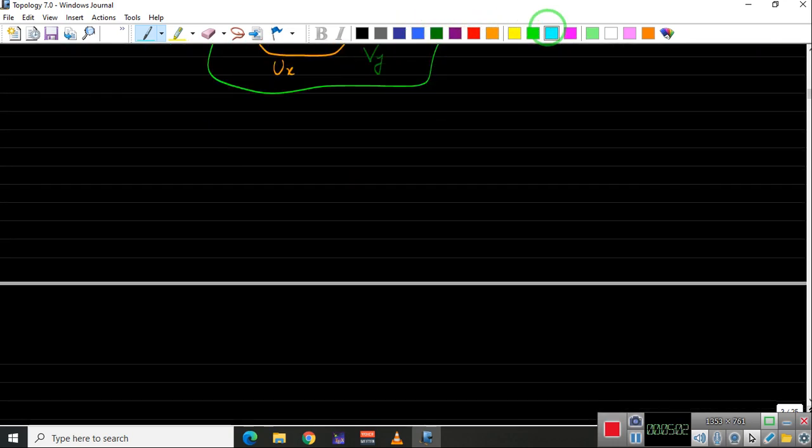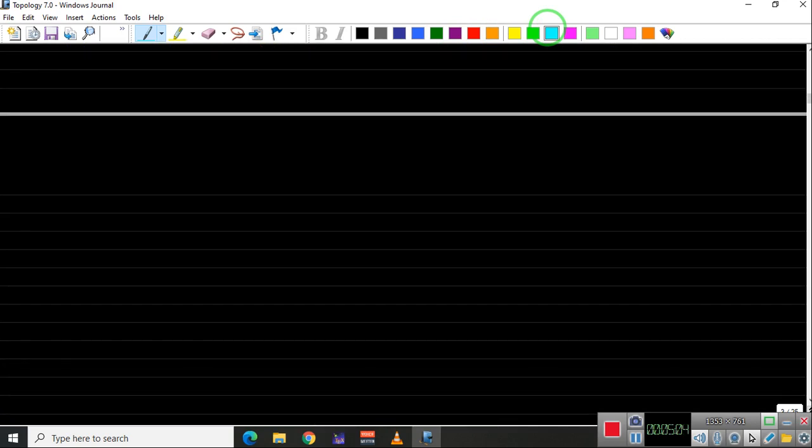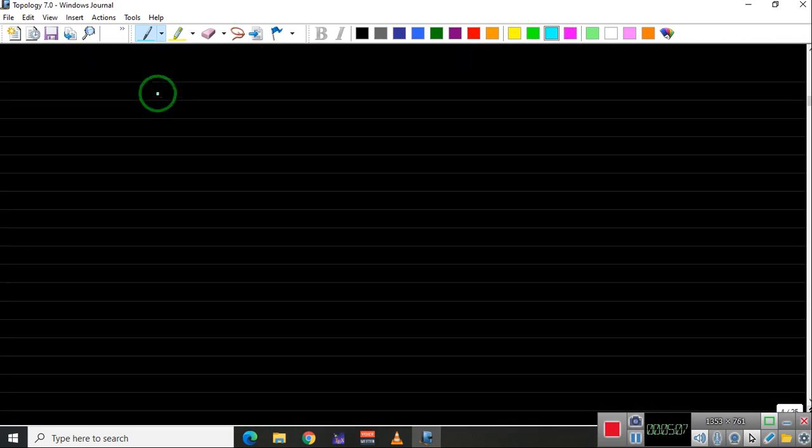Let's go for T2 space. Second one, let me write Hausdorff space. That's also denoted by T2.